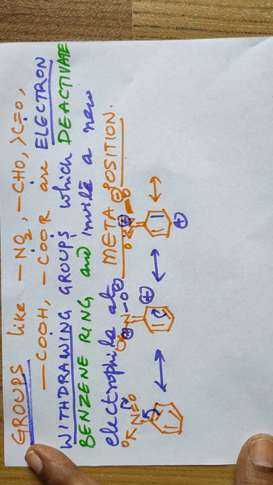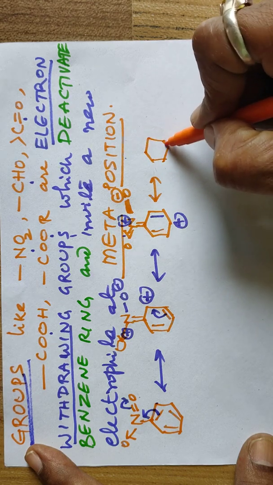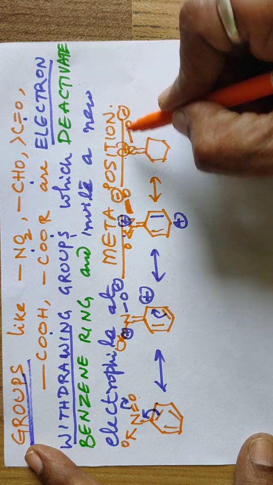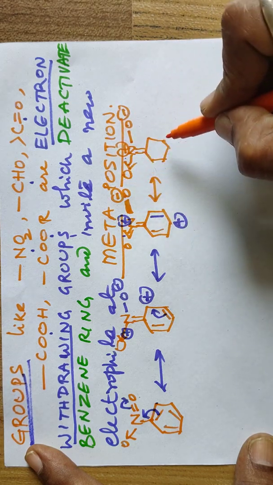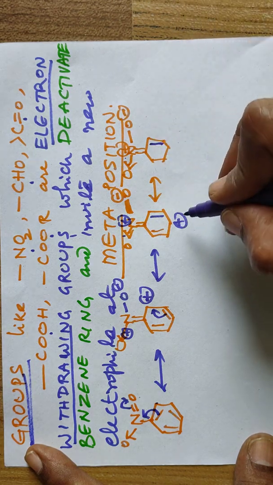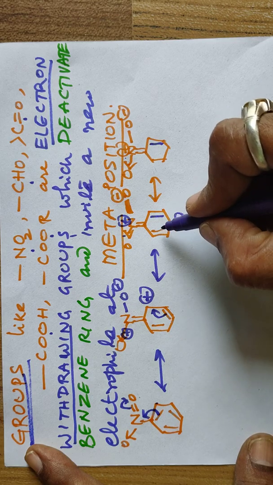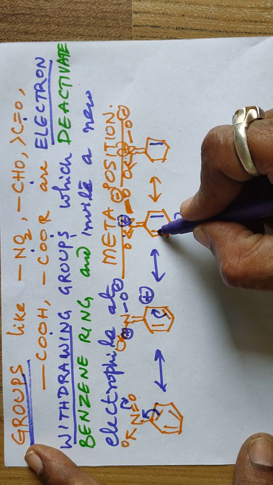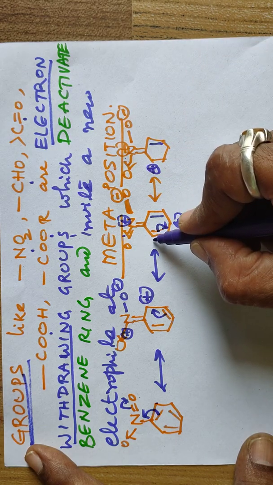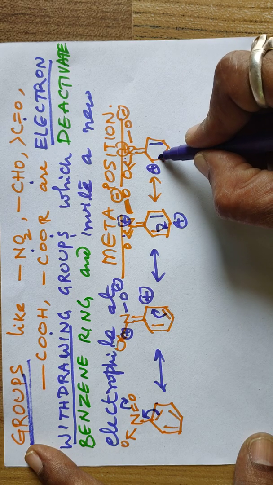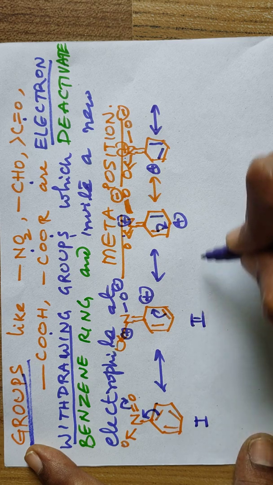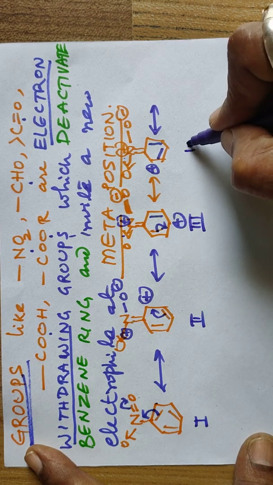What do you have to write? Same benzene ring, double bond N plus charge, O minus, and double bond O. And here is the previously formed bond, and these electrons are shifted here in order to compensate this positive charge. A new positive charge is produced and a new pi bond is produced. It is resonance structure 1, this is 2, this is 3, this is 4.